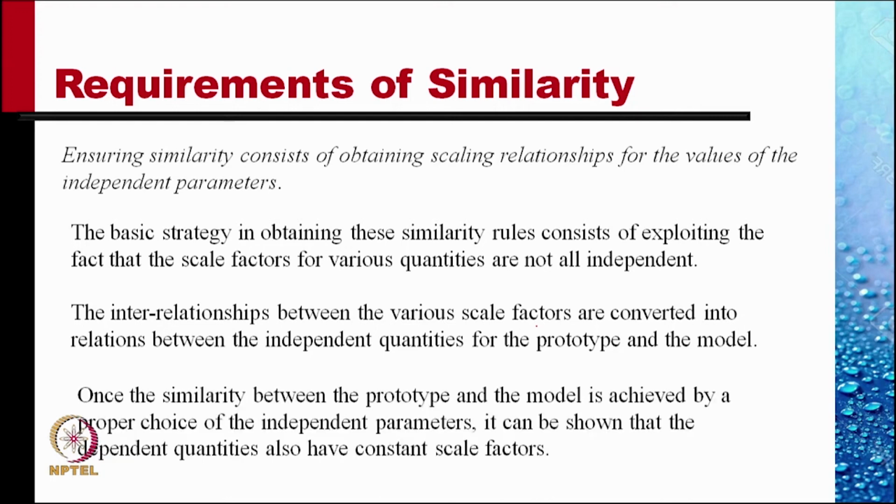Once the similarity between the prototype and the model is achieved by the proper choice of the independent parameters, it can be shown that the dependent quantities also have constant scale factors, and those scale factors can be predicted from the scale factors that have been used for the independent parameters.